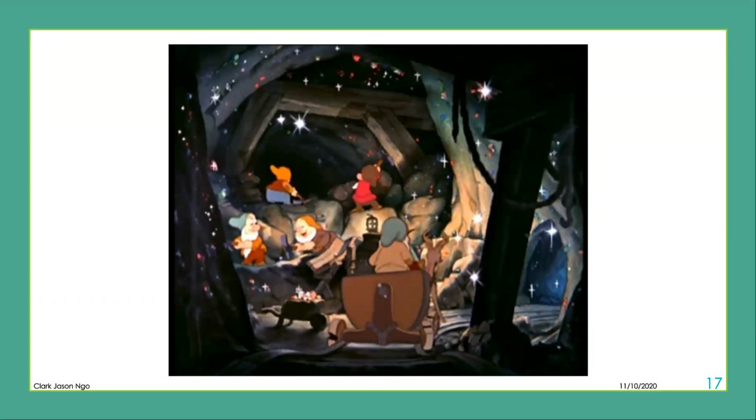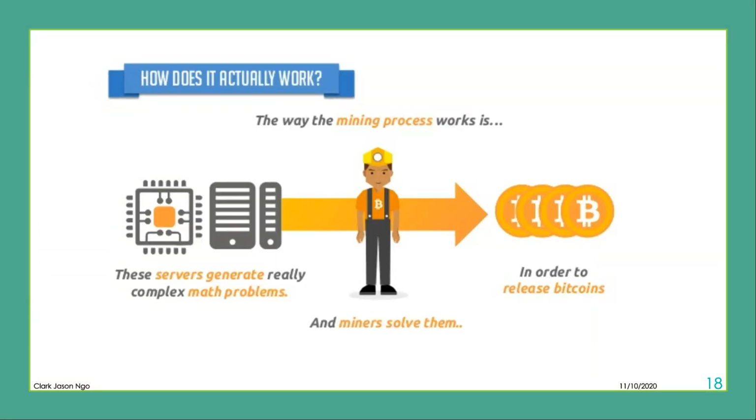If you watched a Disney movie like Snow White, these are miners, and they try to mine diamonds. In our case, in Bitcoin, in blockchain, the servers are the ones mining. They are the miners, and they do mine the Bitcoin.